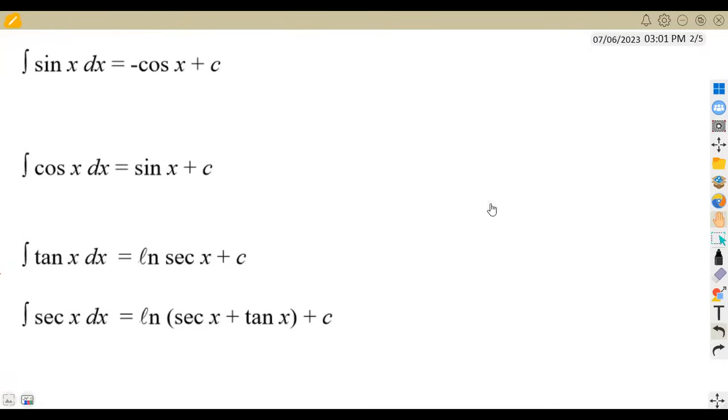Like for this part, if they now ask us to integrate, not sine x, but the integral of sine bx with respect to x, what are we going to have? Yes, it's true that the integral of sine is a negative cos. But once there is a number here, which is maybe sine 5x, sine 7x, you divide by this number.